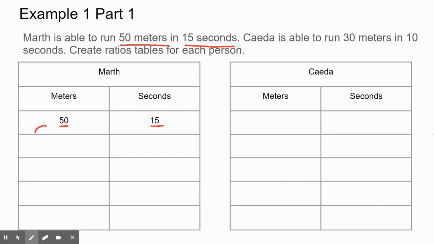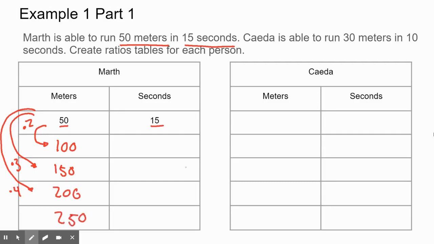After that, we are going to fill in the rest. The easiest way to make a ratio table is to start by multiplying by 2, and then by 3, and then by 4. I think you get the idea. And the last one would, of course, be by 5.